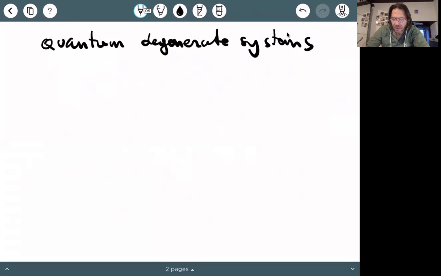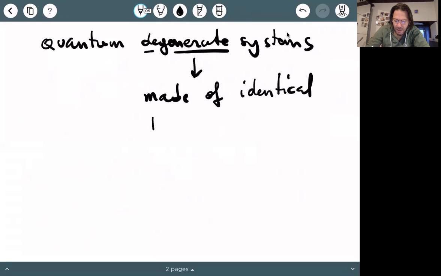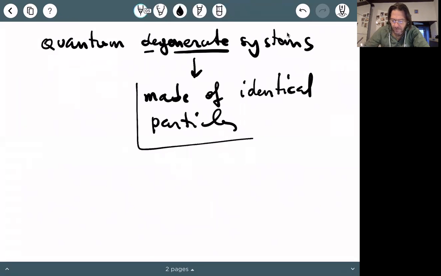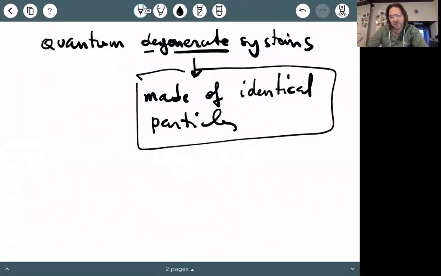In this context, quantum degenerate refers to the fact that it is a quantum system made of identical particles. Okay, so indistinguishable particles.